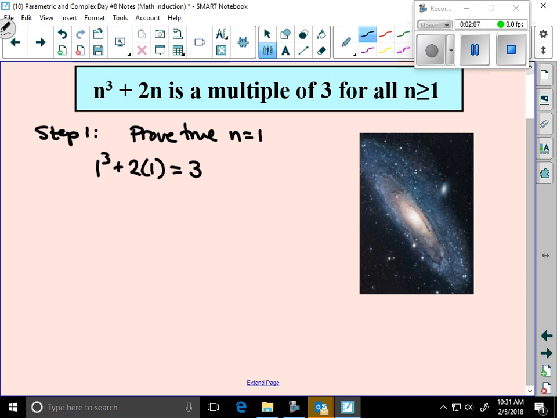So I'm going to write this as 3 times some value m, where m is a positive integer, a positive whole number. Let's prove it's true. What's 1 cubed? It's 1. What's 2 times 1? It's 2. Is 3 a multiple of 3? Yes. In that case, m equals 1, so check that off your list. Done.